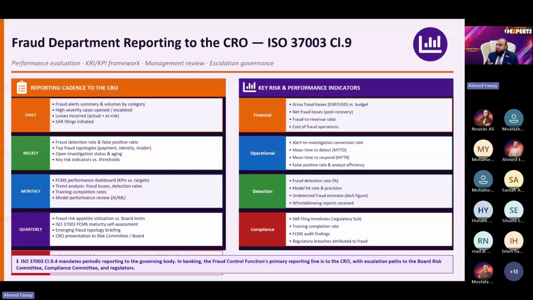So at the end of the day, the operational can be different here, because today we have the false positive rate, the percentage of fraud detection rates, the model hit rate, the undetected fraud estimation, again, this is that dark bar.